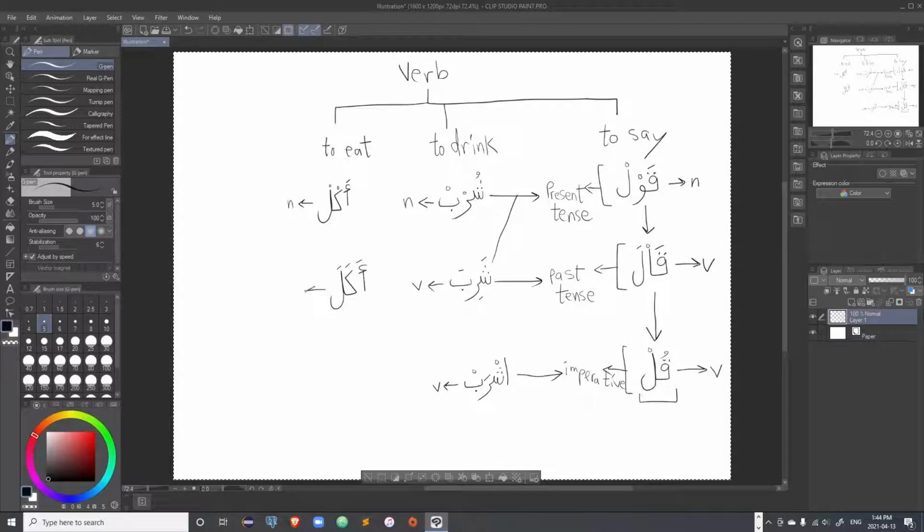That is the verb. And as before, this form in particular is past tense, and this spelling works for present tense as well, but you will have to change the diacritics.